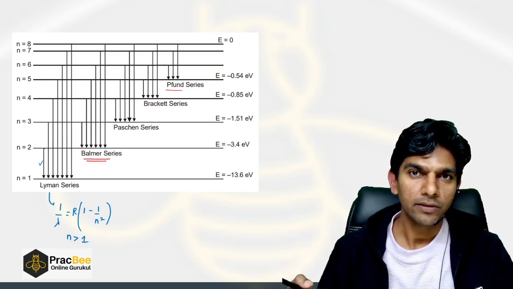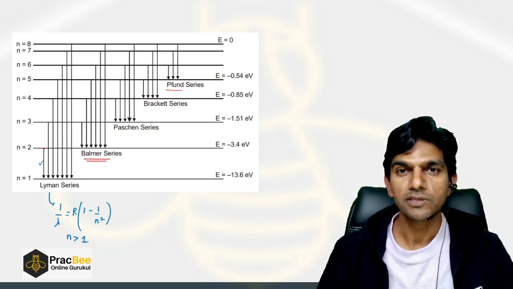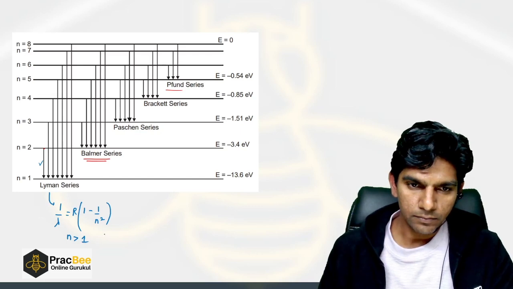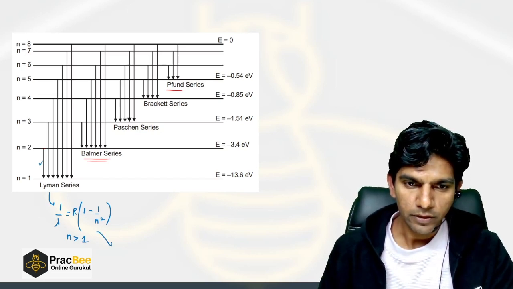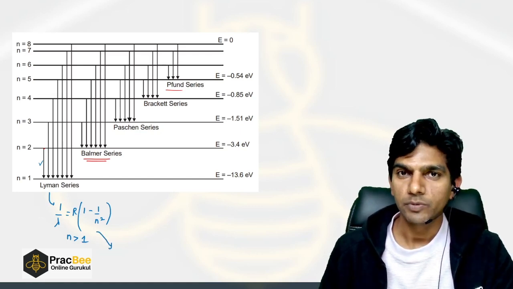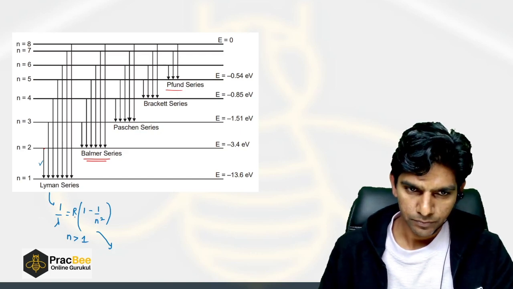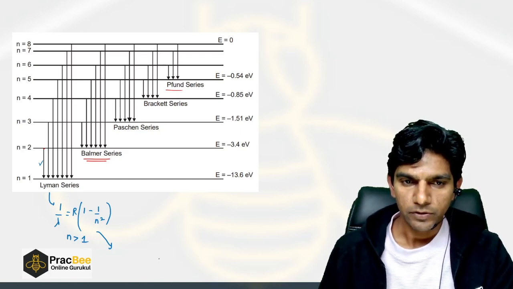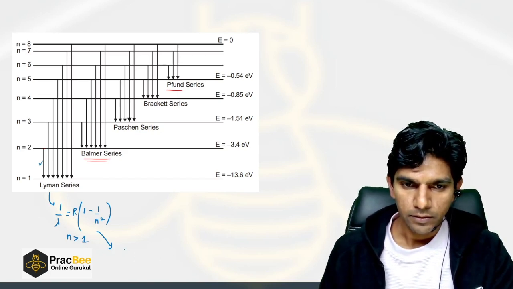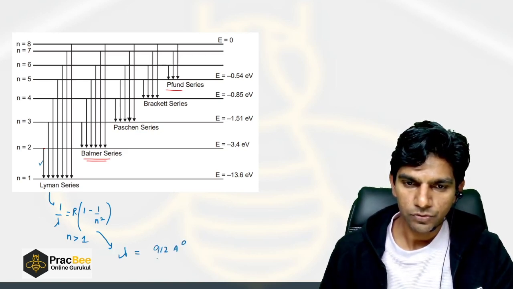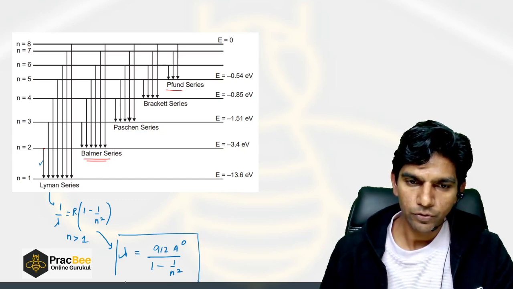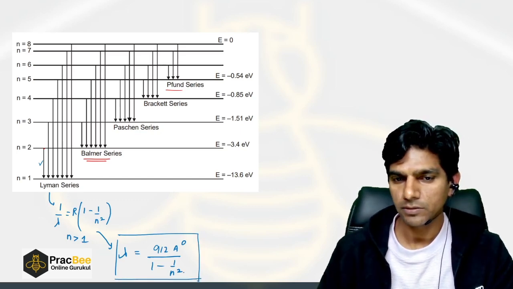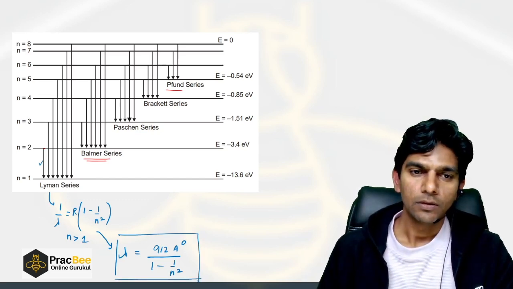If n is infinite, we will get the last line, which is the limiting line. And there is one more formula you can remember. If I substitute R, the Rydberg's constant, which is 10 raised to power 7 meter inverse, and simplify, I will get 912 angstrom divided by 1 minus 1 by n square. So you can remember this formula if you want an approximation, right? You can use this to get some approximated value of the wavelength.